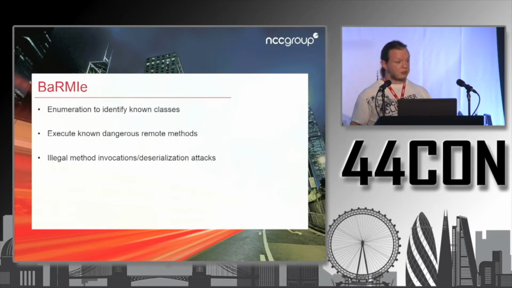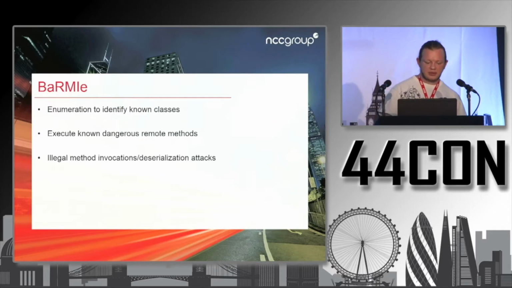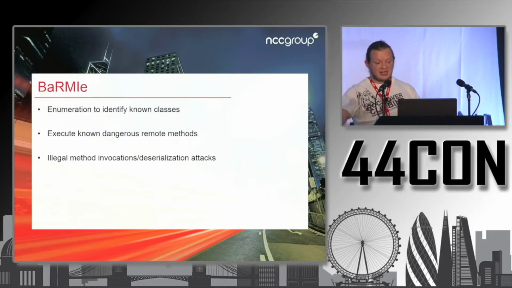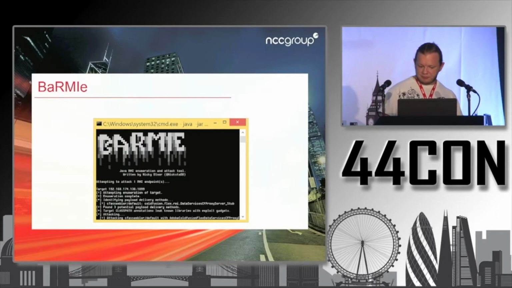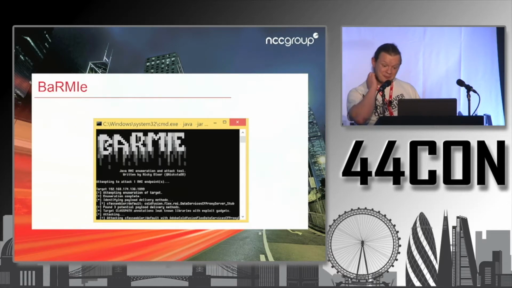So, like I said, I'm building all this code into a single tool that will perform these attacks, and you'll be able to essentially run it against an RMI service. If it's got a known class, then you can attack it. That's what BaRMIe is becoming.